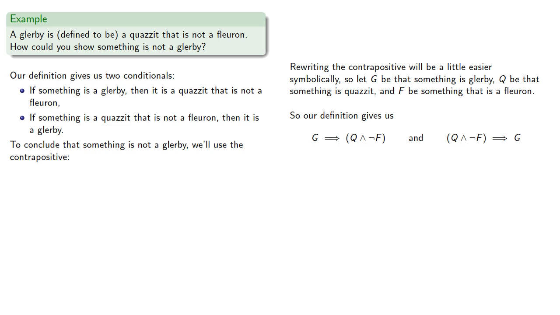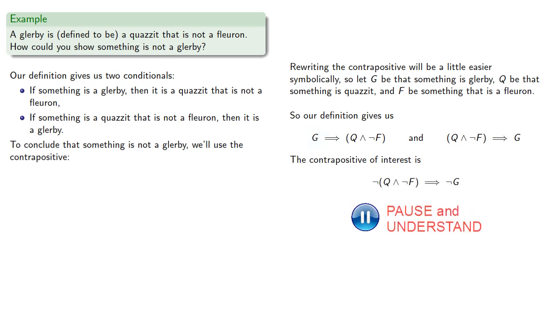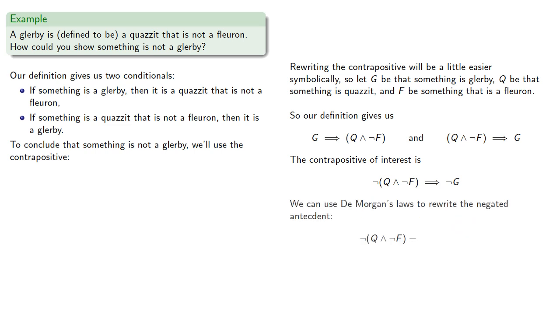And it'll be the contrapositive of the first statement, because there our antecedent is a glurby becomes a consequent not a glurby. We can use De Morgan's laws to rewrite the negated antecedent, which will become, and we do need to be a little bit careful when we write this.